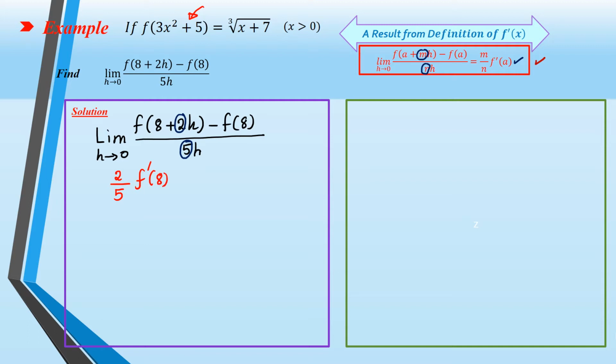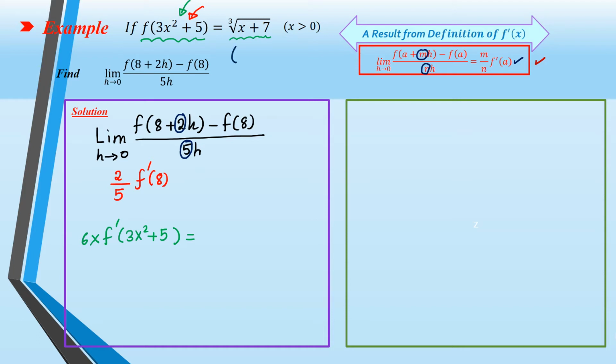Now you have to find f prime of x firstly. Pay attention here, we have a function inside f. So you have to find the derivative of the inside function by the chain rule, then you have to derive the outer function. So on the left hand side, the derivative will be 6x multiplied by f prime of 3x squared plus 5, equals the derivative of the right hand side, and the right hand side is a cube root, so we can write it as a power.